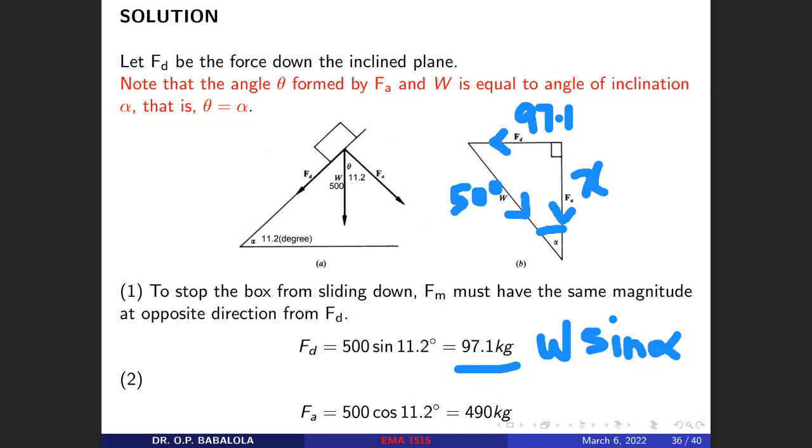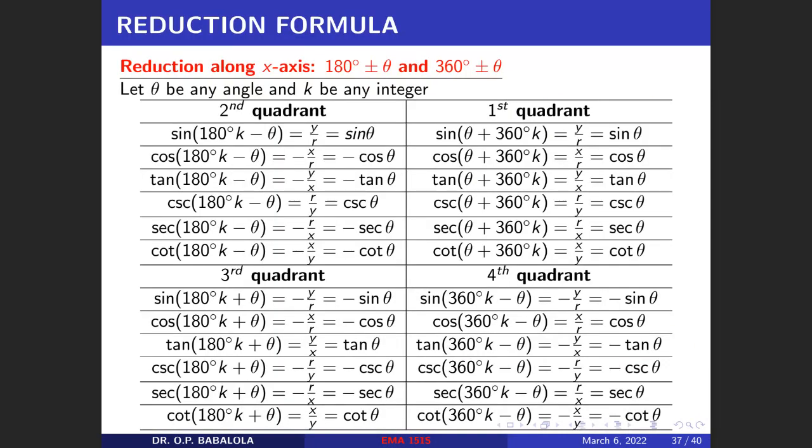Just moving on now. This is the last part of the first part of our lecture. We're considering the reduction formula. The reduction formula is used to reduce a huge angle. Take, for instance, you have been given an angle 900 degrees.